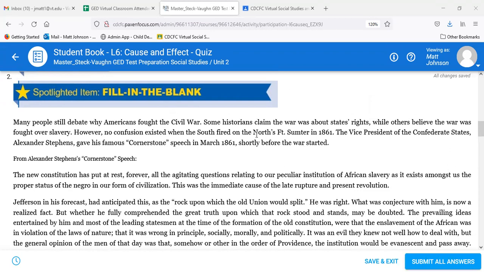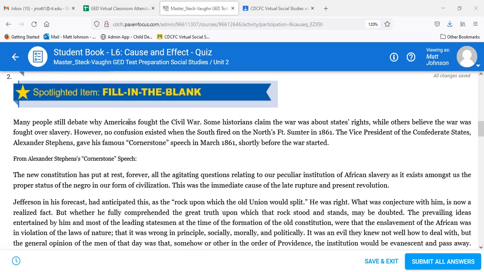Okay, so fill in the blanks. Many people still debate why Americans fought the Civil War. Some historians claim the war was about states' rights, whilst others believe the war was fought over slavery.